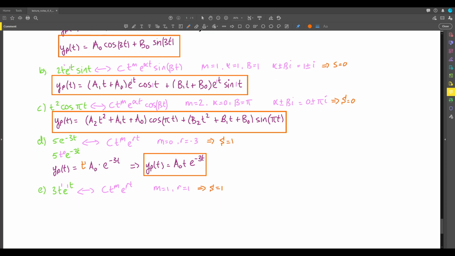Okay, our particular solution then looks as follows. Yp of t equals, the degree of t is 1, so we have to have a general polynomial of degree 1, a1t plus a naught. Then we have our e to the power 1t.